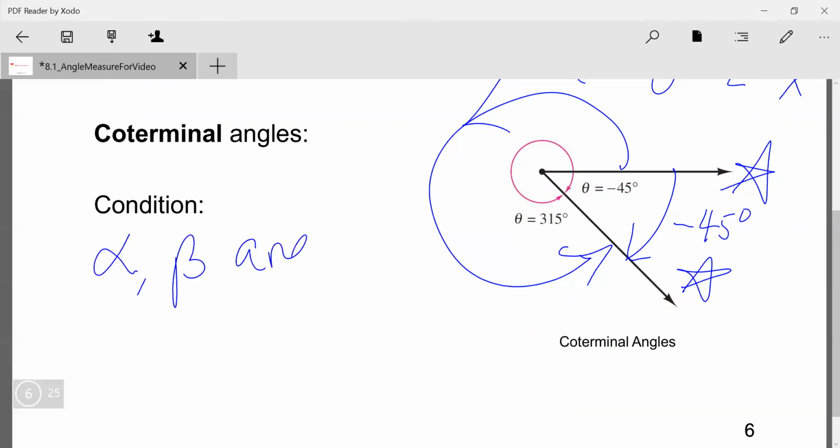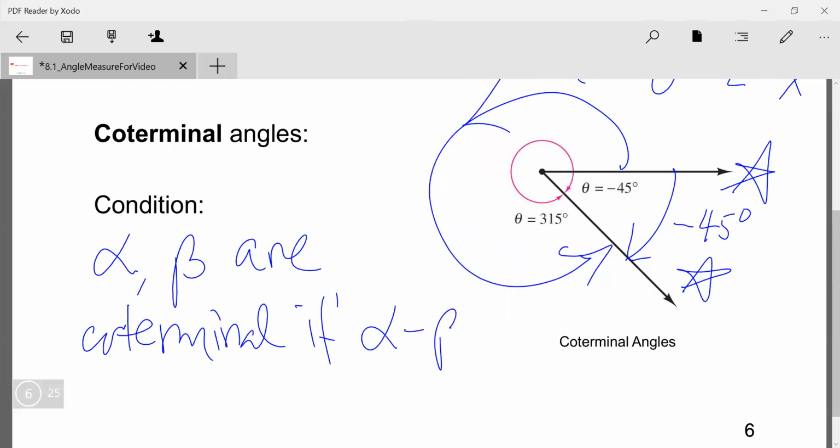They are coterminal if the difference between the two angles is 360, or a multiple, n times 360, where n is an integer.